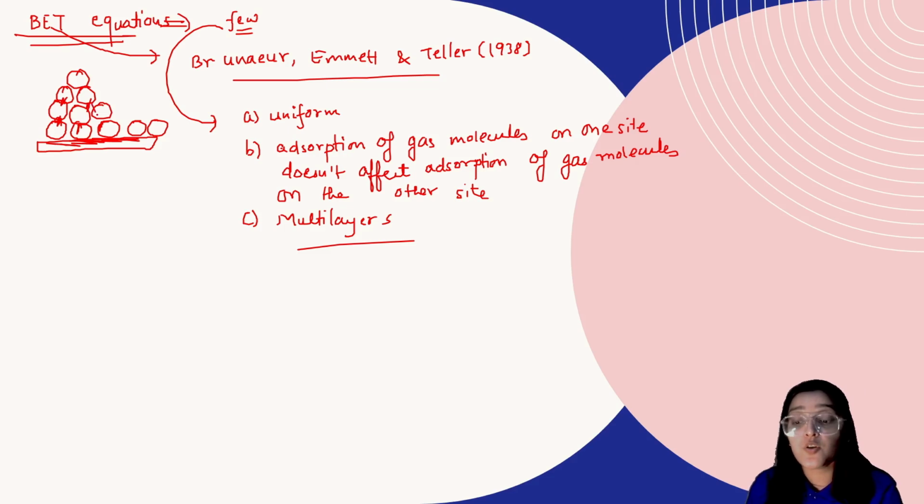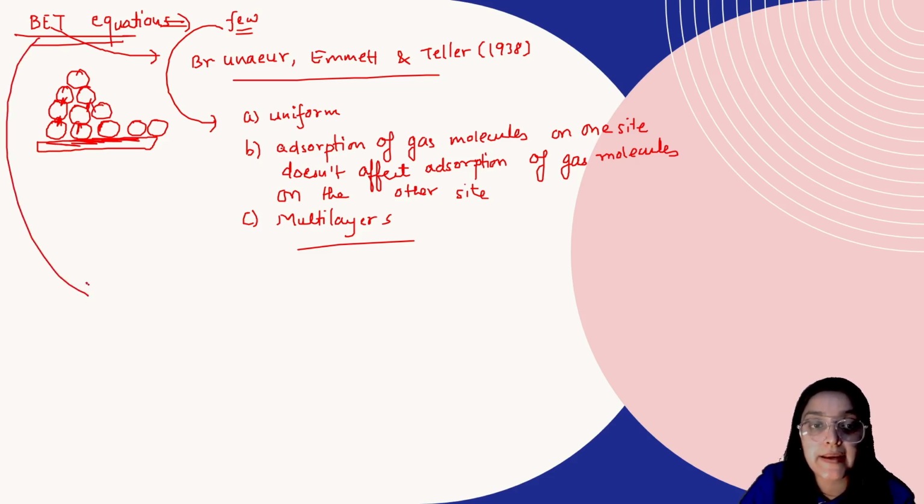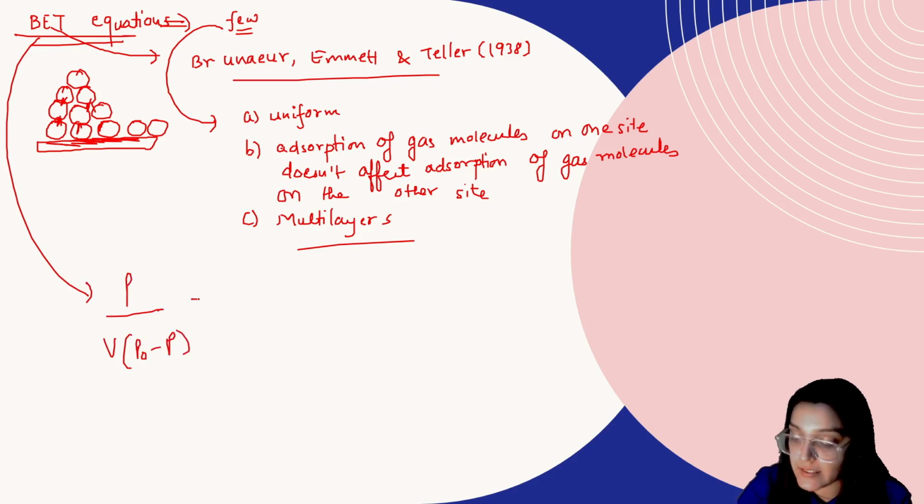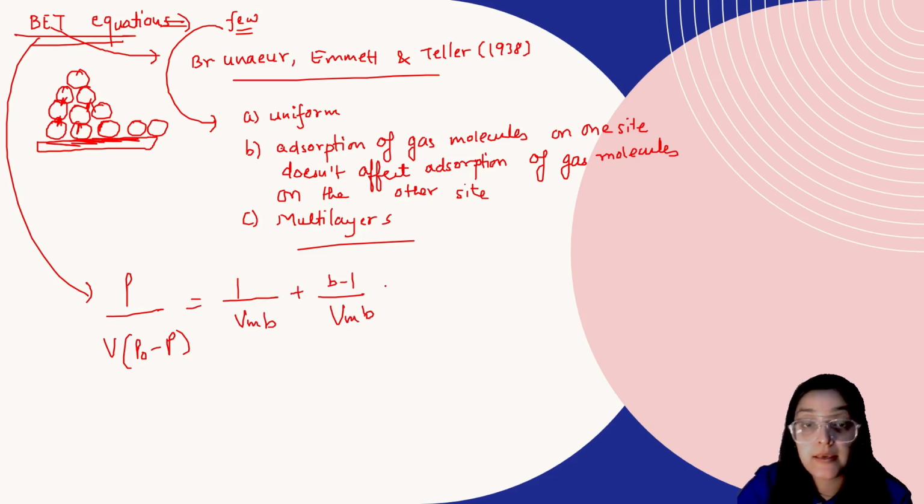Okay students, so what is this BET equation? Please mark it as important. The direct representation of the equation is P upon V(P naught minus P) is equal to 1 upon VmB plus (B minus 1) upon VmB times P upon P naught.